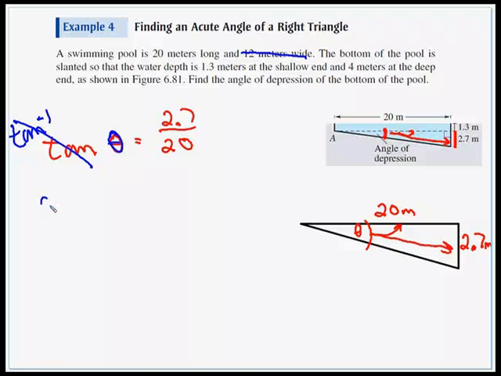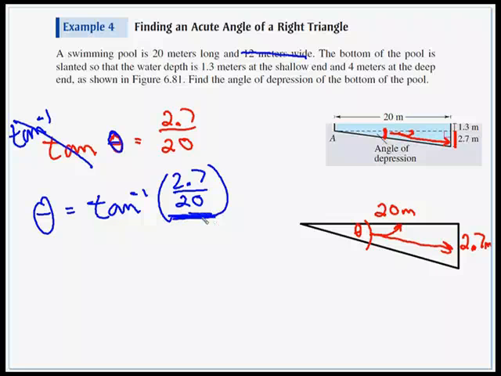So we have theta equals the tan inverse of this fraction, 2.7 divided by 20. On your calculator, divide 2.7 by 20, and you'll get a decimal. Take that decimal and perform the tan inverse operation. We're going to get angle theta is approximately 7.69 degrees.